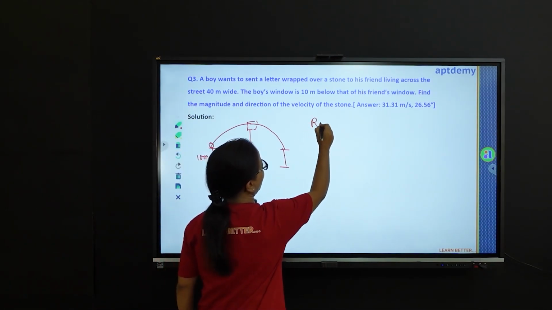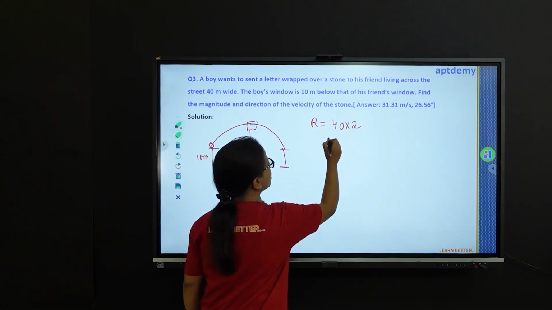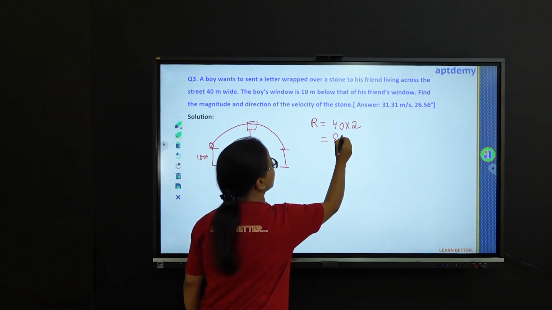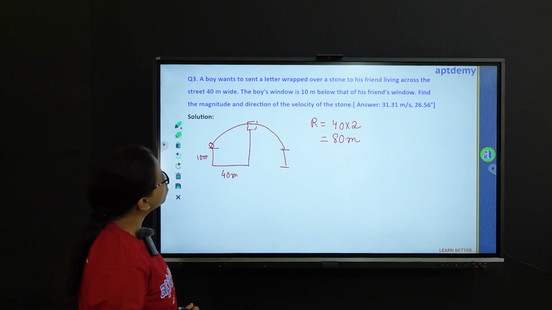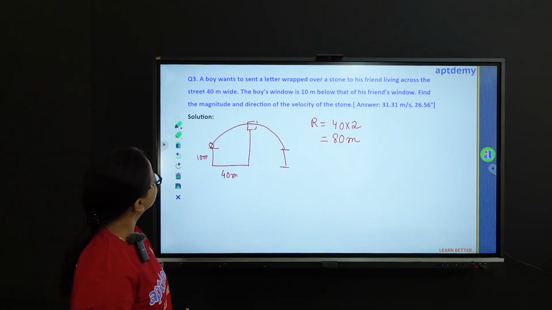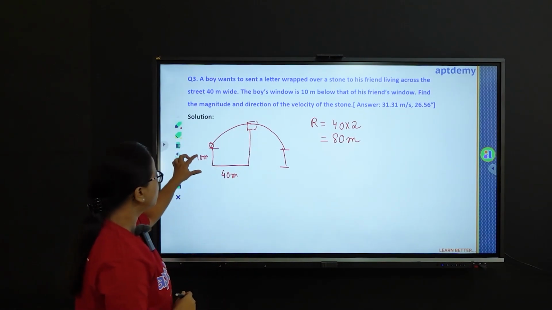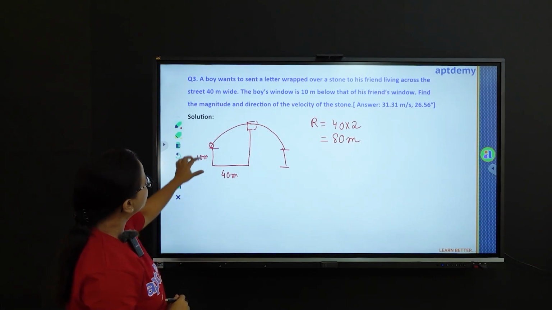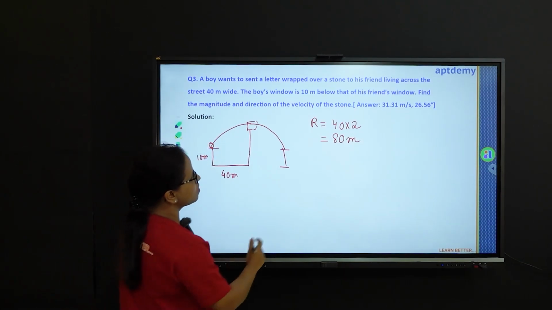The range R is equal to 40 into 2. This will help us in solving the question very easily. So we have a range of 80 meters. What else do we have in hand? Nothing as such, so we'll proceed with this. We also have the height difference between the boy's window and the girl's window. So this is 10 meters.